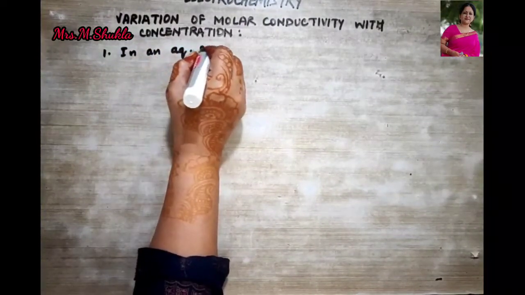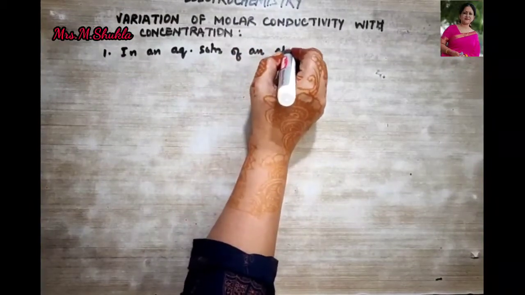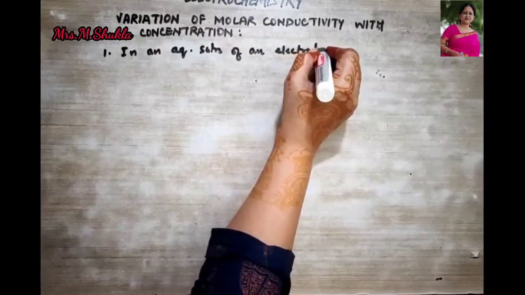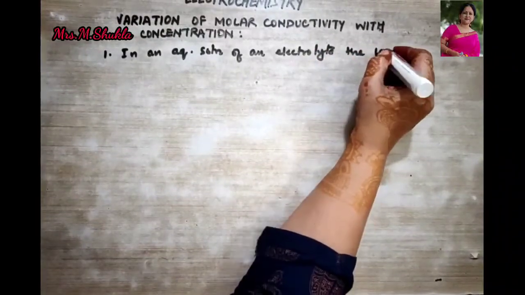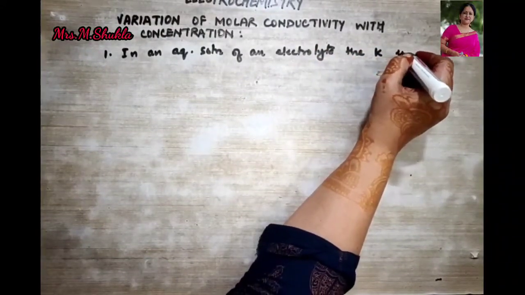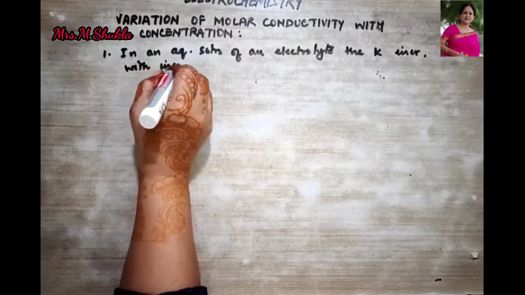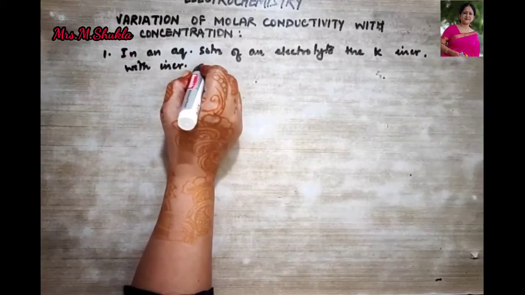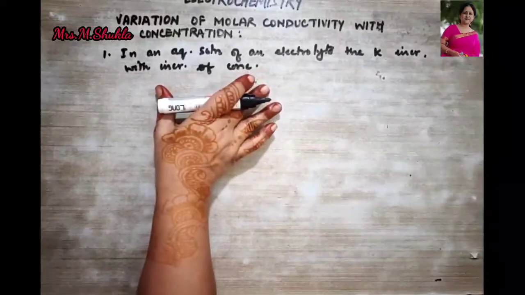Now, the first point says that in an aqueous solution of an electrolyte, the specific conductivity increases with increase of concentration, right? So why does this happen?